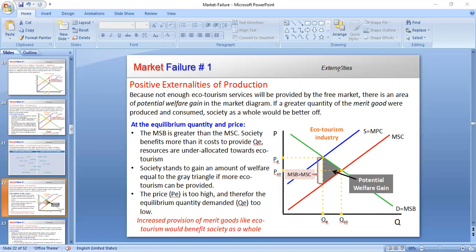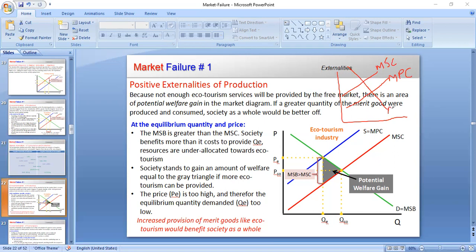Remember, we have already seen that with the negative externality of production, the marginal social cost is greater than the marginal private cost.